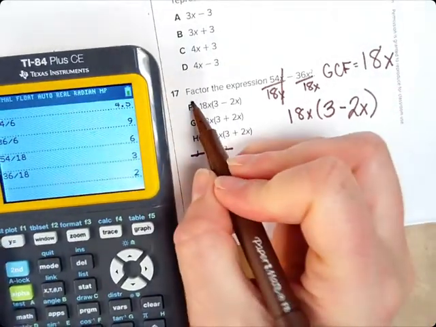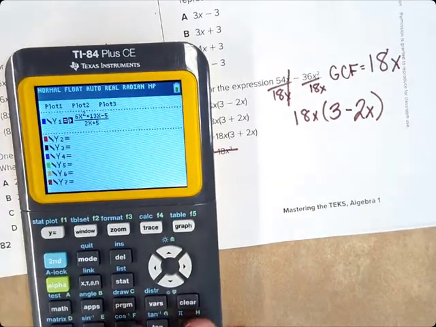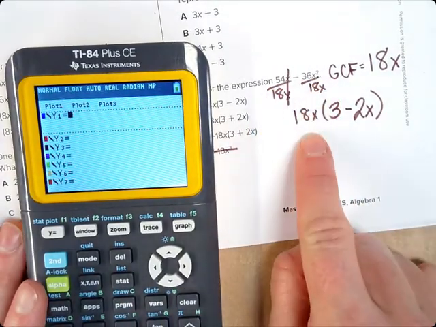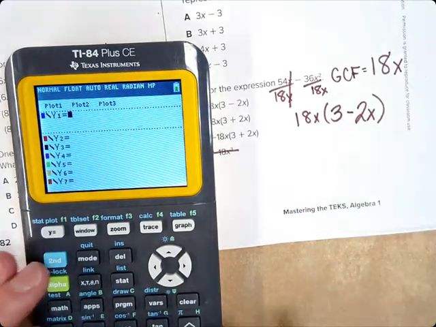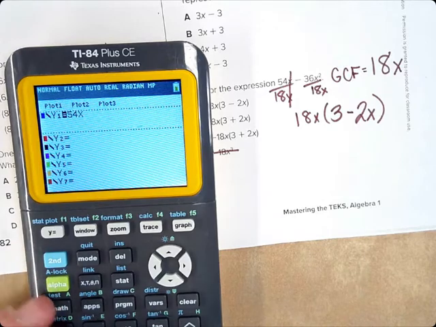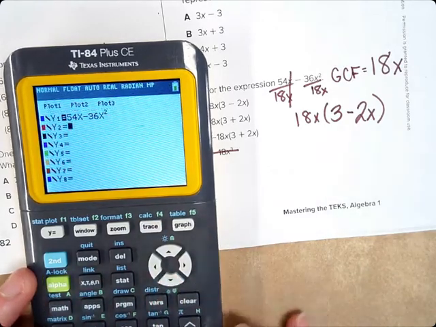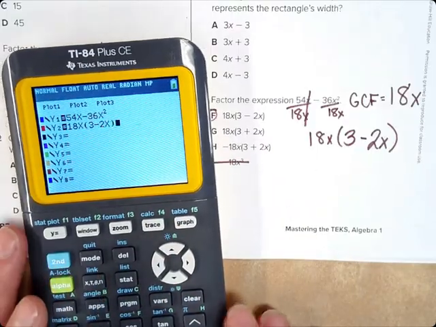So it is F. But we can check our answer by putting in what they've given us and then our answer and making sure they're the exact same because it's just factored. So 54x minus 36x squared. And then 18x, 3 minus 2x.